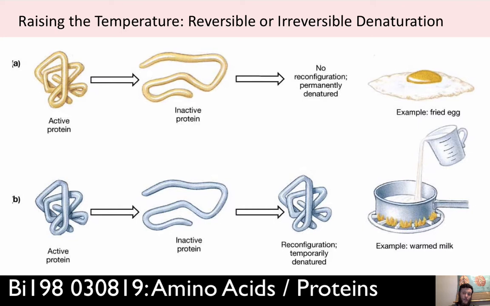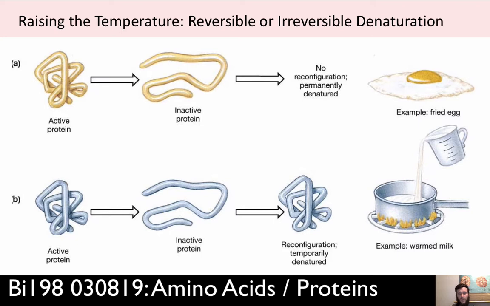On the other hand, there are certain proteins that are able to be denatured, but that's a reversible process. An example is warming milk. You can warm milk, denature the protein, and then when you let it cool, often that protein can refold itself back into the shape that it was originally in.